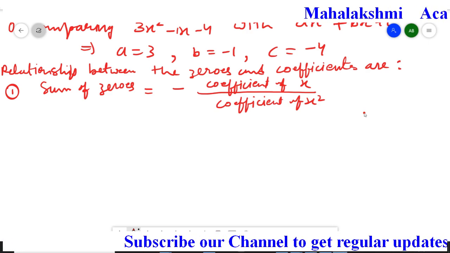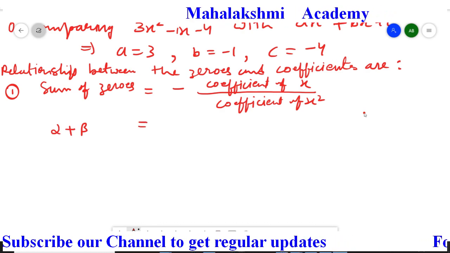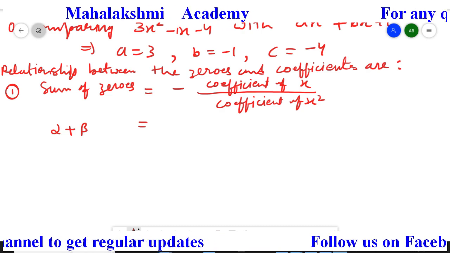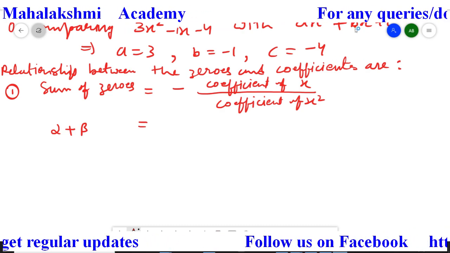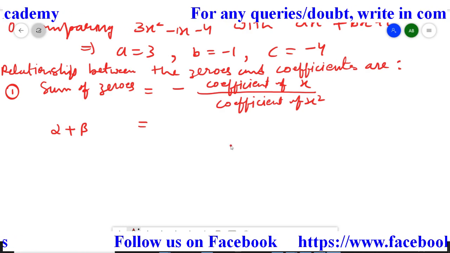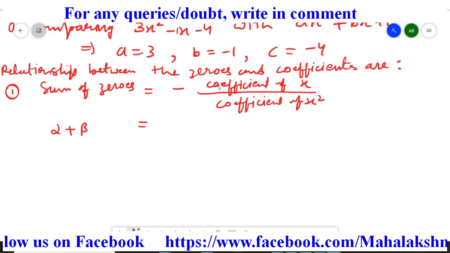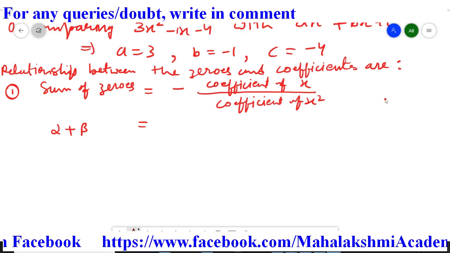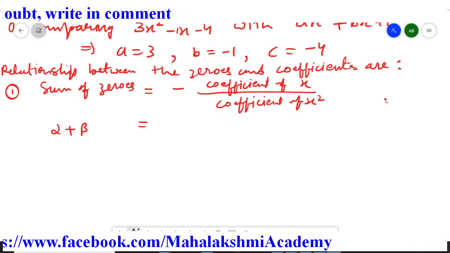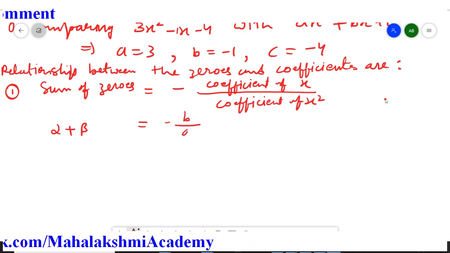So sum of zeros means alpha plus beta equal to minus coefficient of x upon coefficient of x square. The coefficient of x is b, and coefficient of x square is a. So the value is going to be minus b upon a.